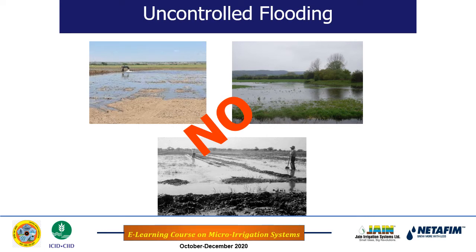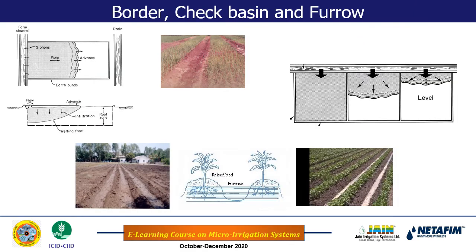It is not irrigation method because there is no guidance to water, how to flow, how to get applied into the root zone. But at the same time, as water moves over the land surface, we also call this the surface irrigation method. But anyway, uncontrolled flooding is not to be adopted in any case, and this is not the accepted practice of irrigation. If you see the adjoining photograph, this is the border strip which is being irrigated.